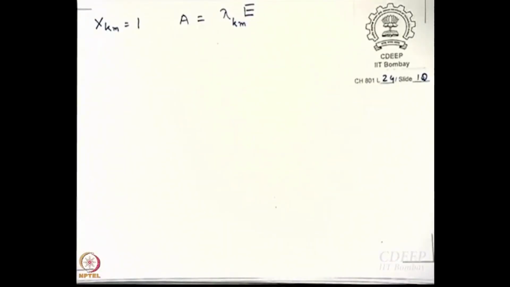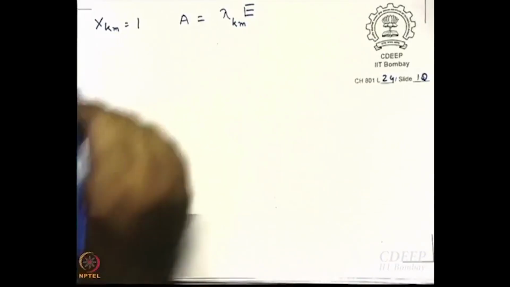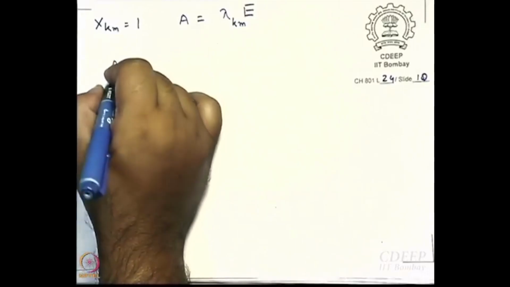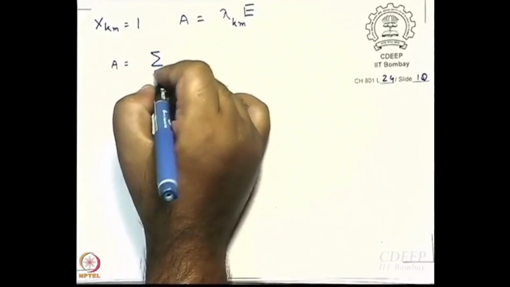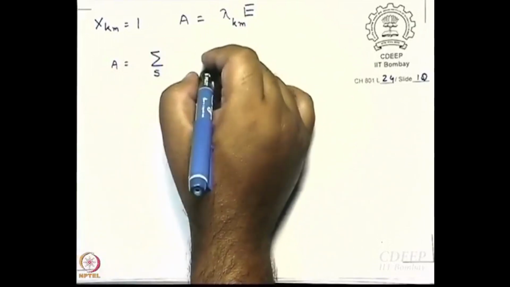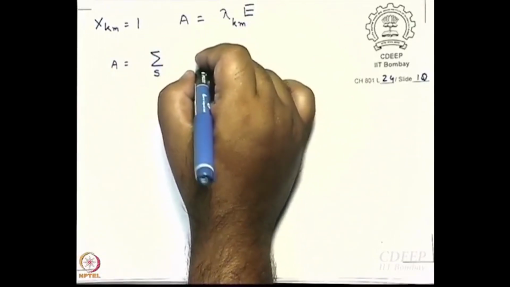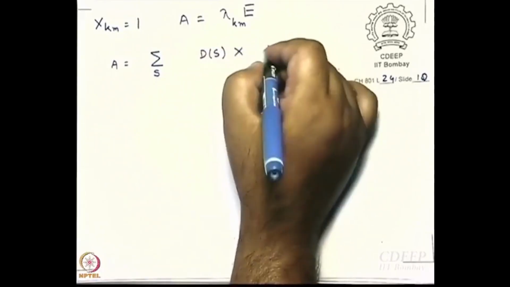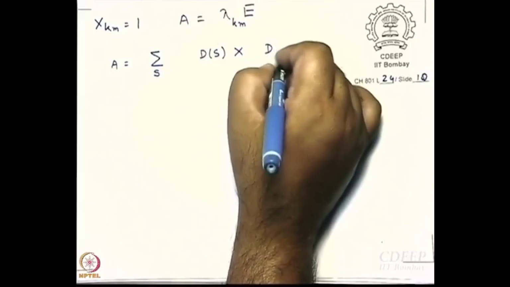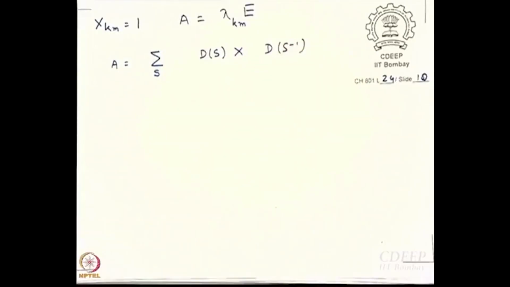Okay, A equal to lambda km E. That is what we are going to work with. Now, let me write the expression of A. A equal to, as we wrote earlier, sum over S of dS X dS inverse.